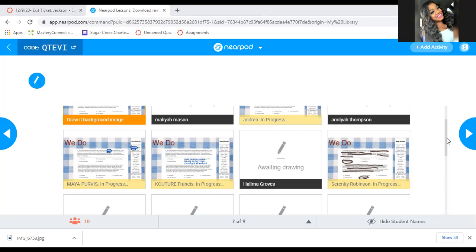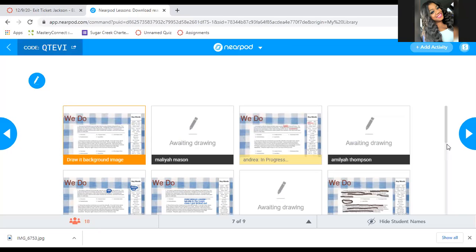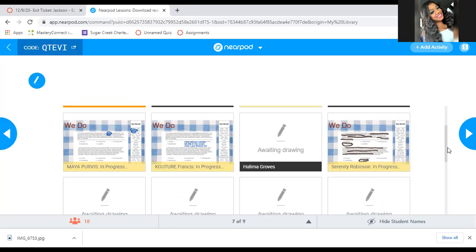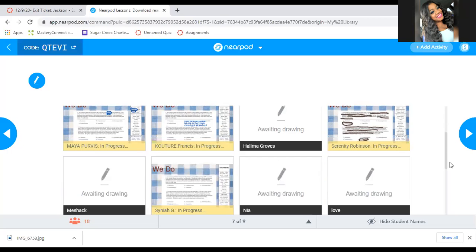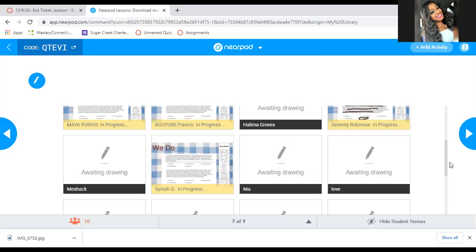I see some things being underlined. I see some keywords being circled. I'm not going to display it. Good. Meshach, I should see something from you, right?